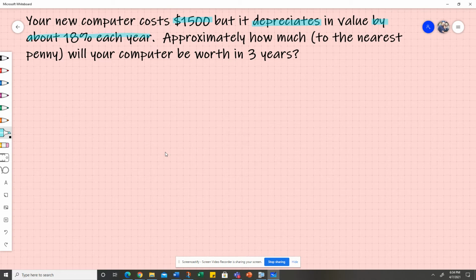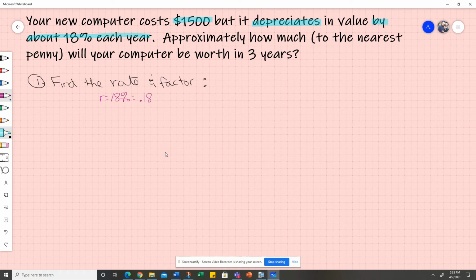All right. So for our first step, we have to find the rate and factor. Okay. In this case, our rate is 18% or 0.18.